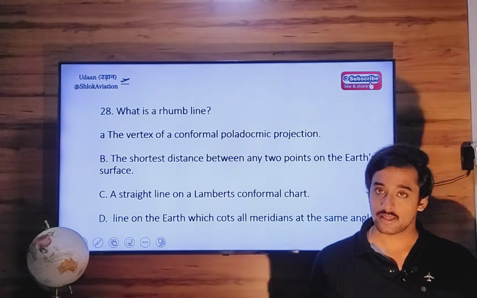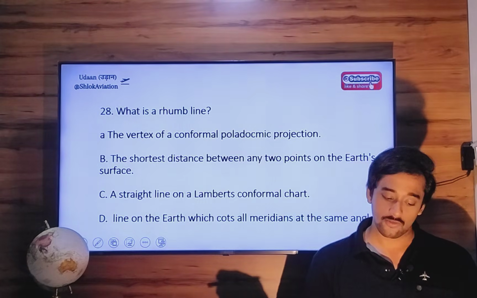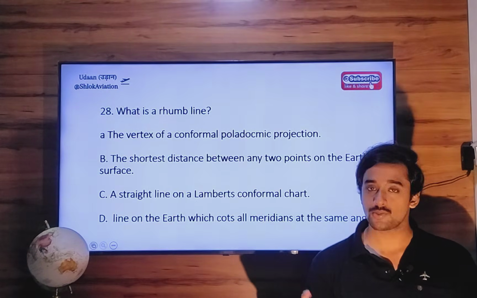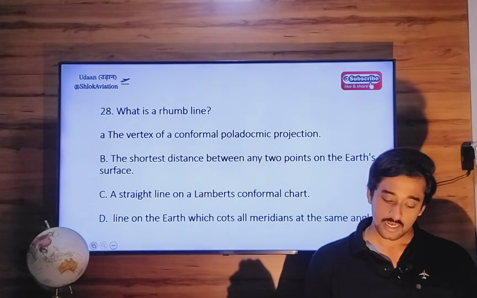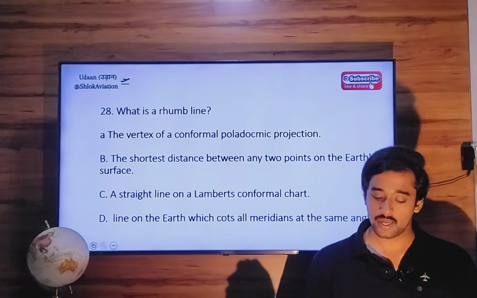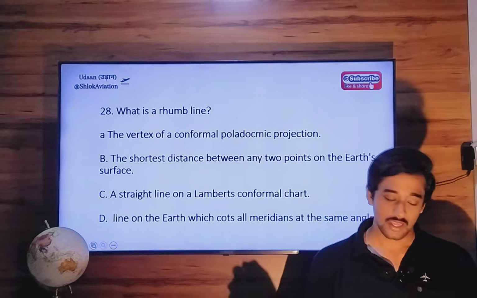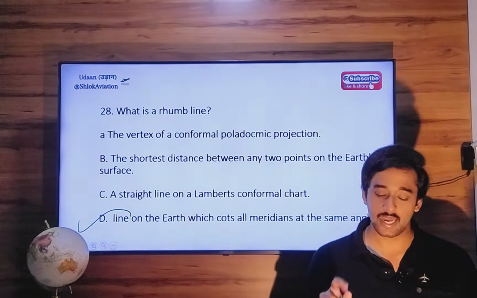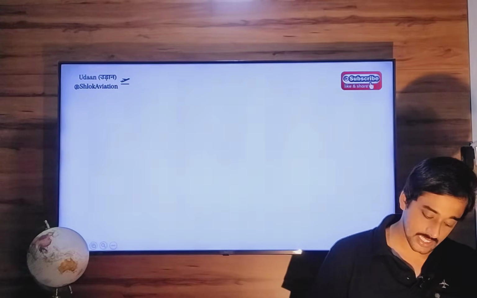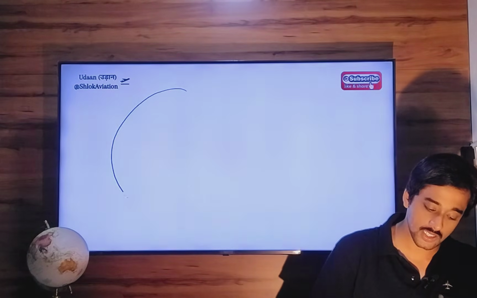What is a rhumb line? The vertex of a conformal polyconic projection, maybe it's a printing error. The shortest distance between any 2 points, a straight line on a Lambert's chart, a line on the earth which cuts all meridians at the same angle. So a rhumb line by definition is a line on the surface of the earth which cuts all meridians at the same angle. So let's say this is your earth surface.